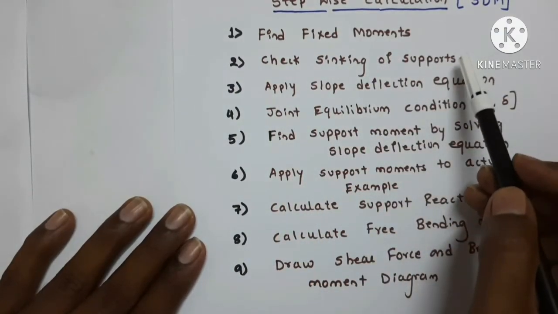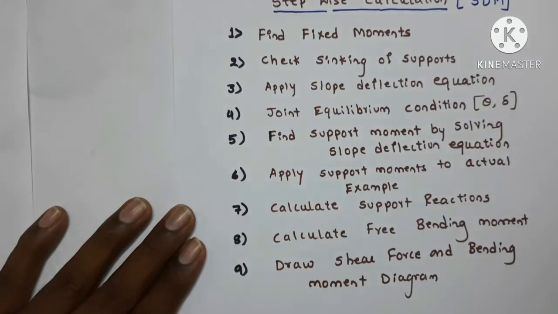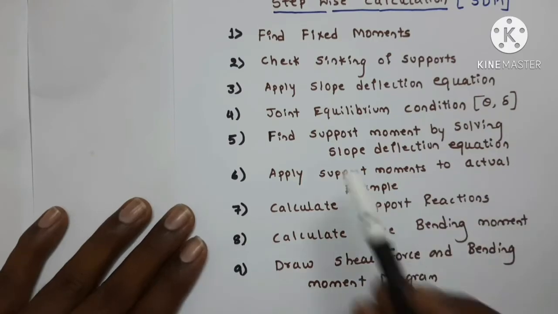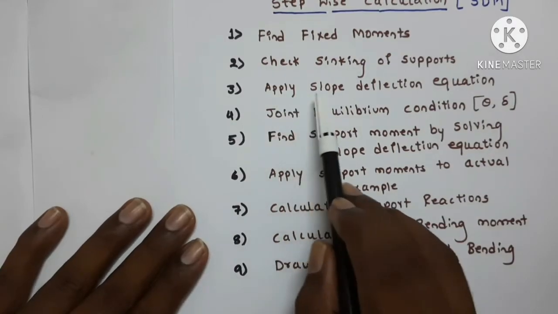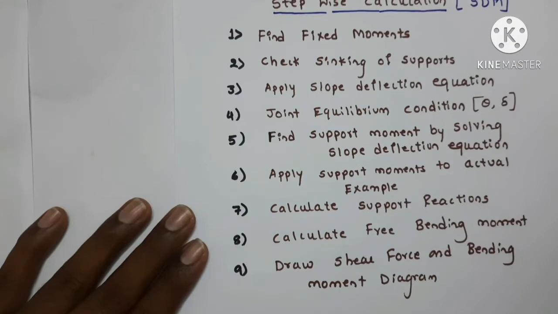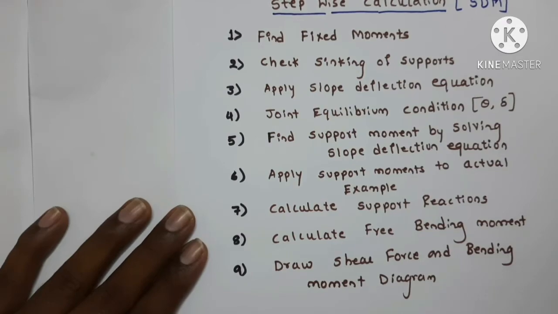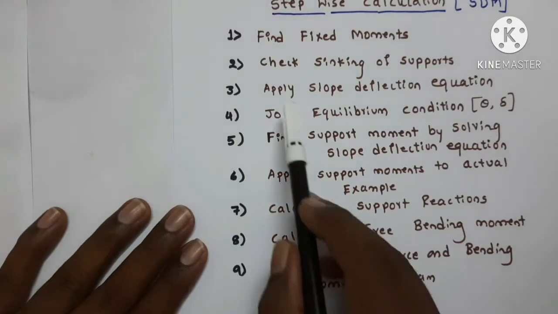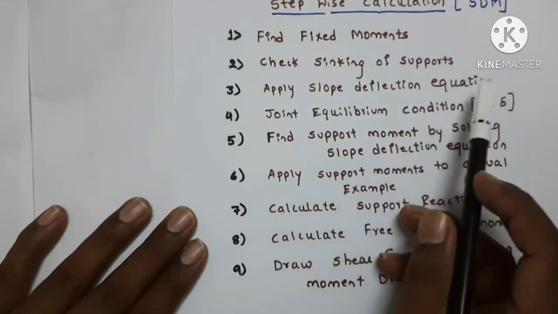Why do we say sinking of support? In the example, any one of the supports may sink, or a displacement may be given, so we need to check. If there is no sinking of support, we go with the next step, that is applying the slope deflection equation span-wise. Suppose it is a two-span continuous beam, then first we have to apply the slope deflection equation for span AB and span BC.